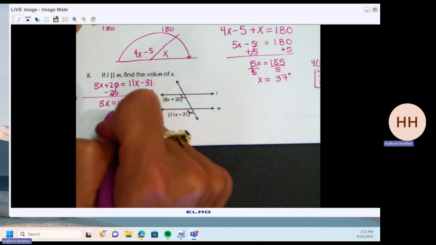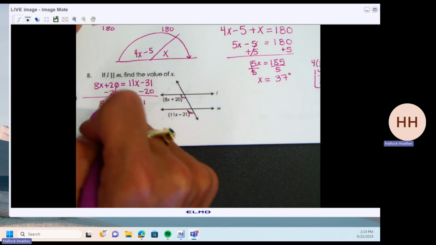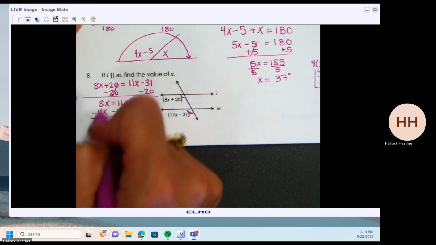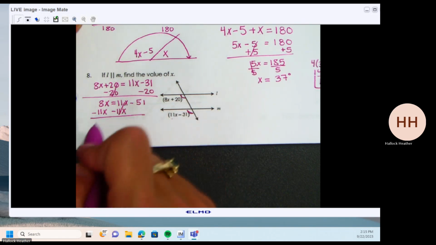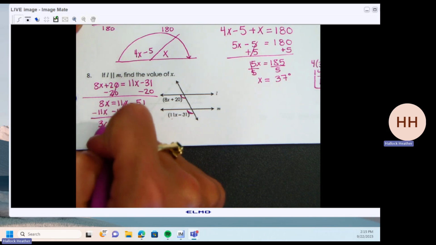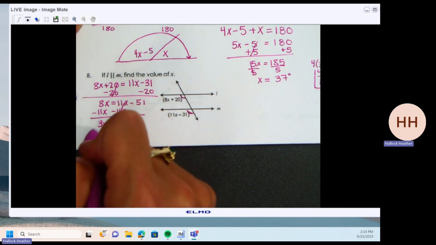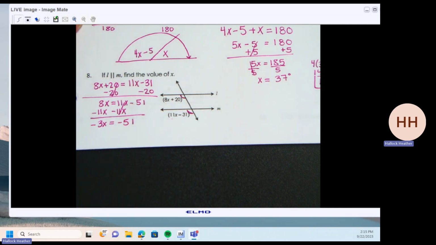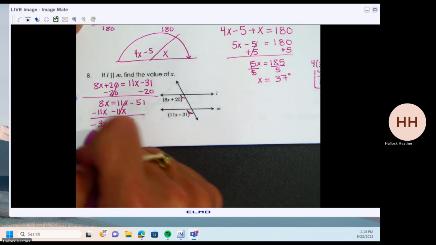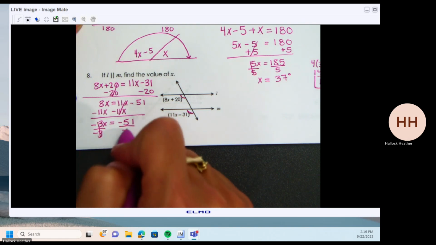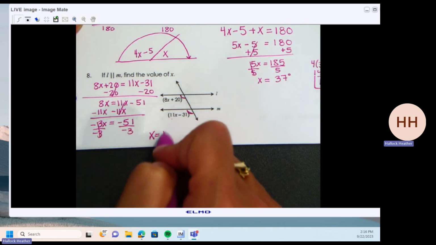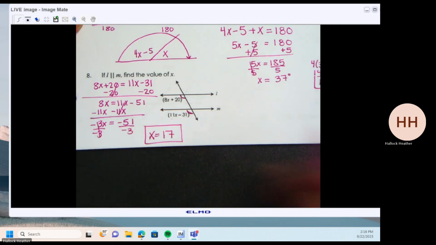Then I'm going to subtract 11x from both sides. 8 minus 11 is negative 3x. Then I'm going to take negative 51 and divide by negative 3. The negatives will cancel. So x equals 17. On to the backside.